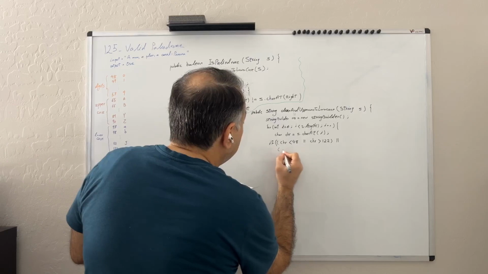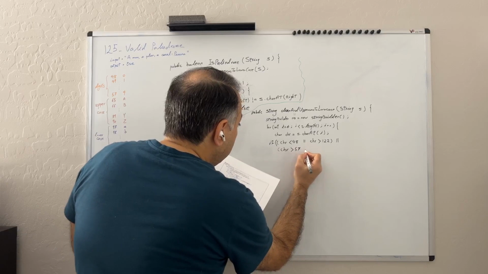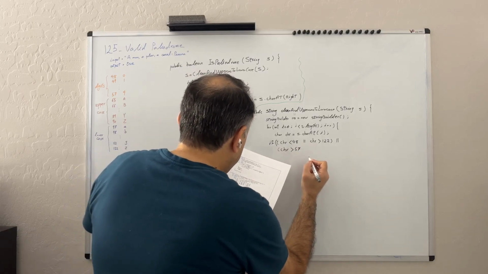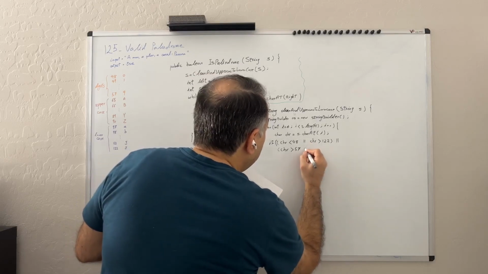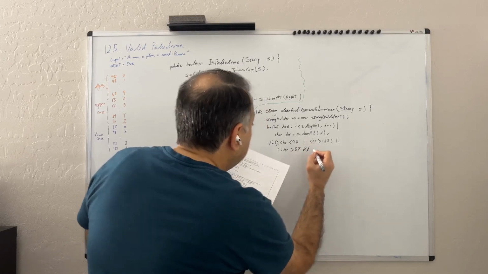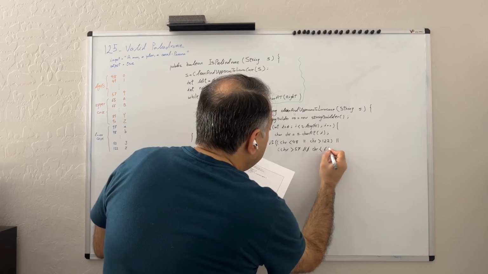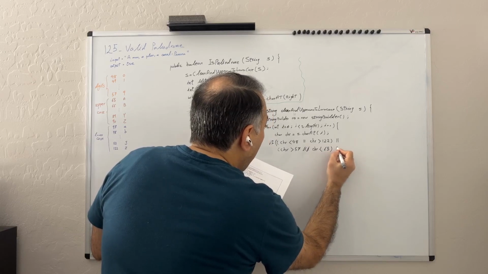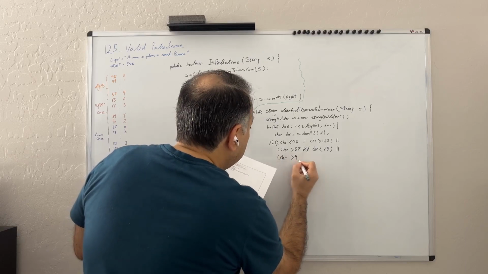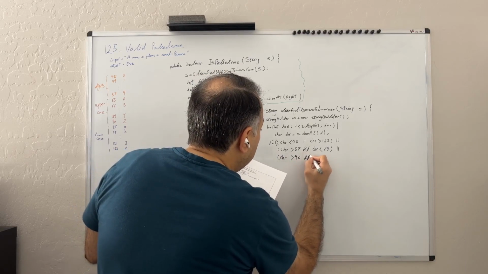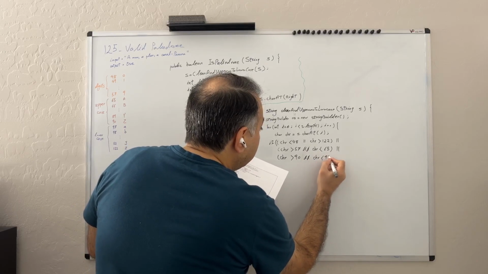So if character is bigger than 57, and character is less than 65, or character is bigger than 90, or character is less than 97.